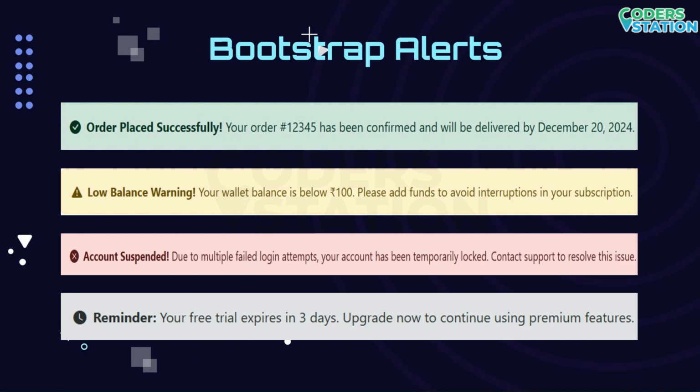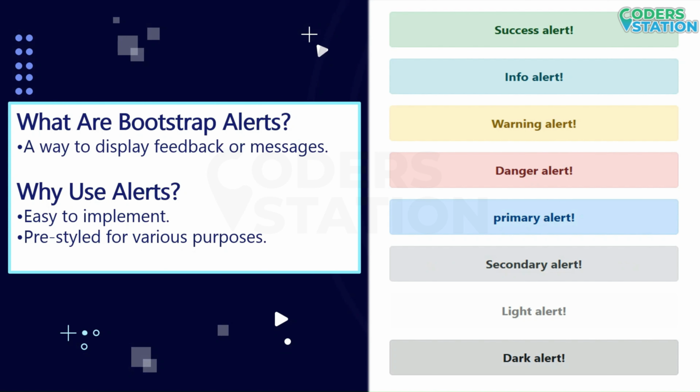These are Bootstrap alerts, which are pre-styled components that let you display important feedback to users. Whether it's a success message after a form submission or a warning about incomplete input, alerts are versatile and easy to use. There are different types of alerts which Bootstrap helps us with.